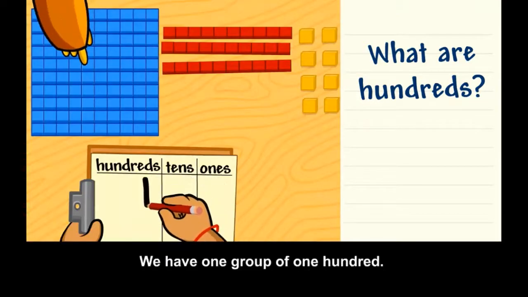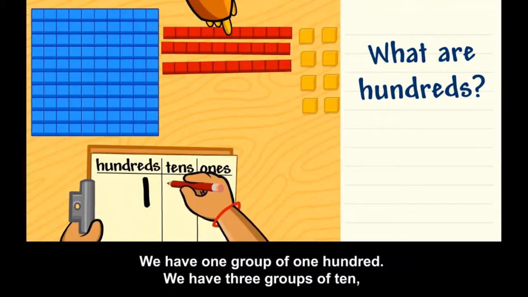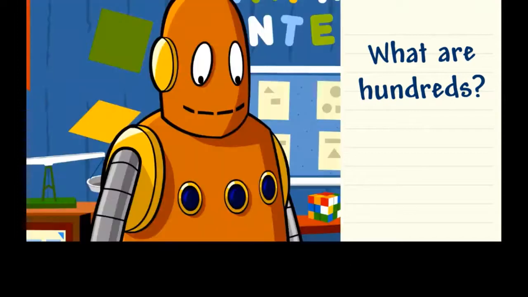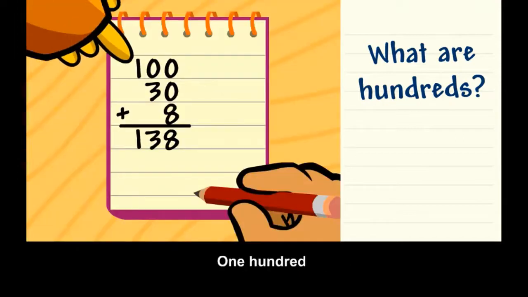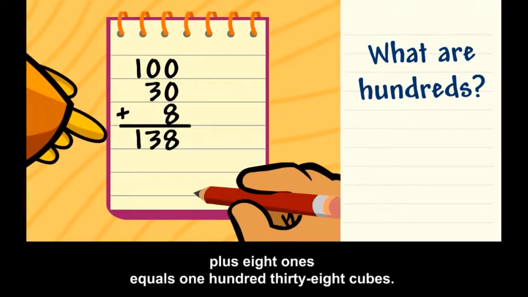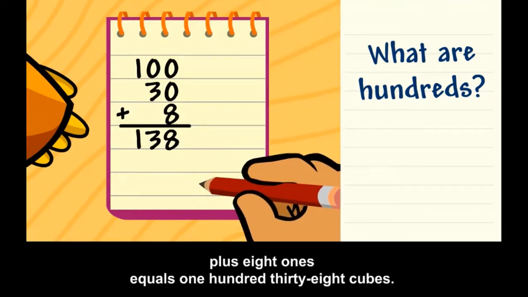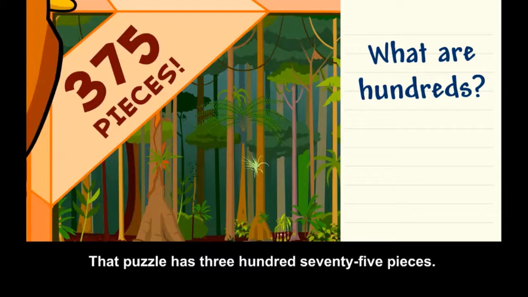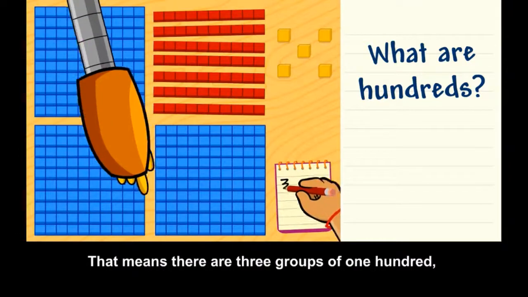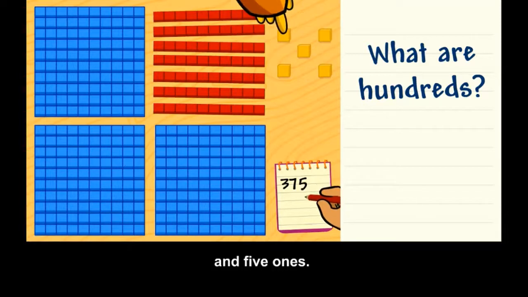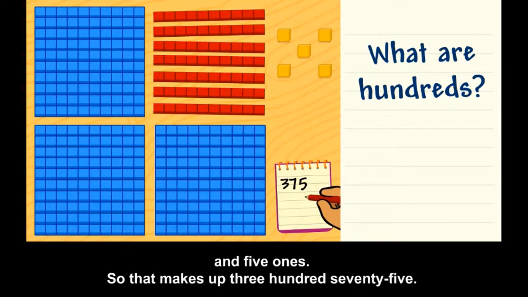We have one group of 100, we have 3 groups of 10, and we have 8 ones. 100 plus 3 tens plus 8 ones equals 138 cubes. That puzzle has 375 pieces. That means there are 3 groups of 100, 7 groups of 10, and 5 ones. So that makes up 375.